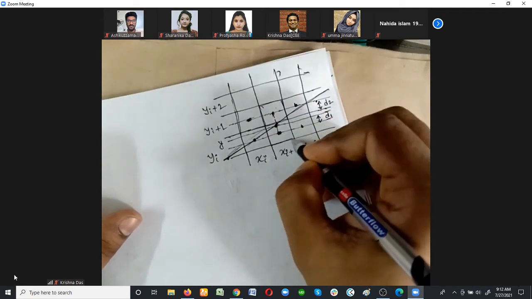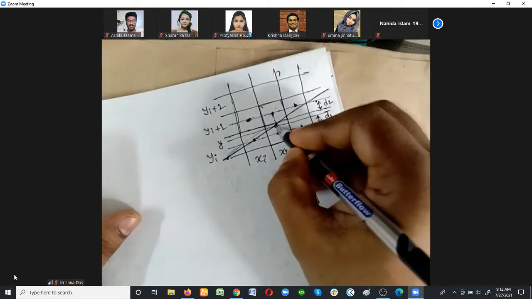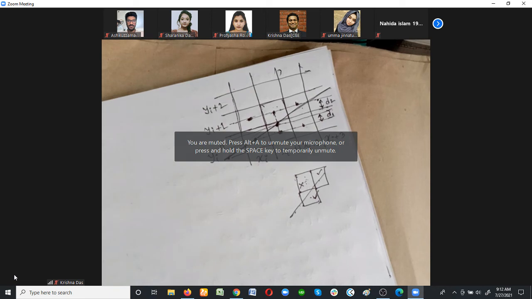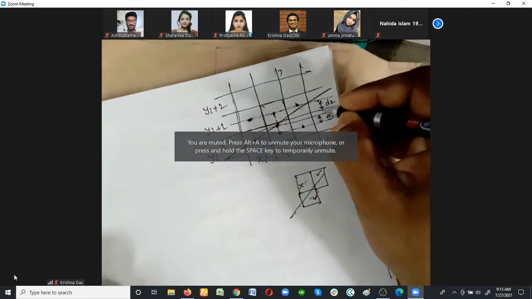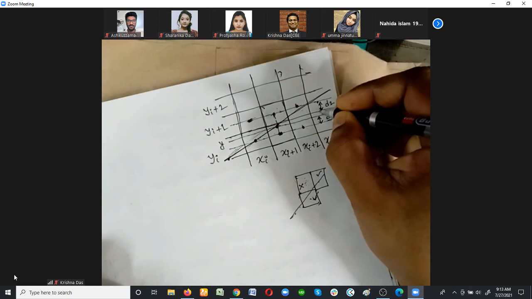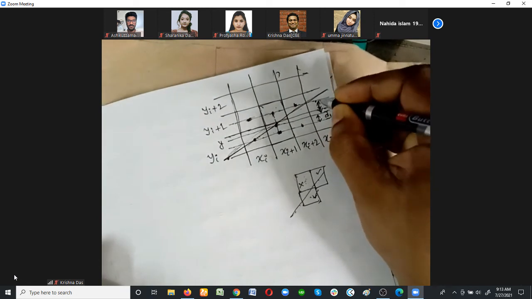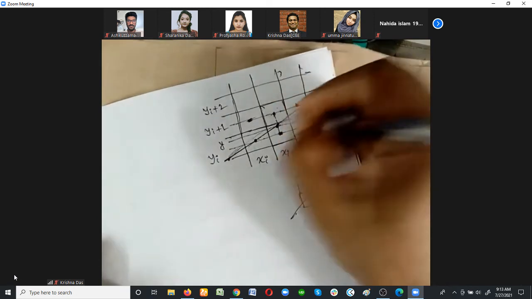This is the pixel. I just made a mistake, it should be in here. That is the distance, right? This point to this point.